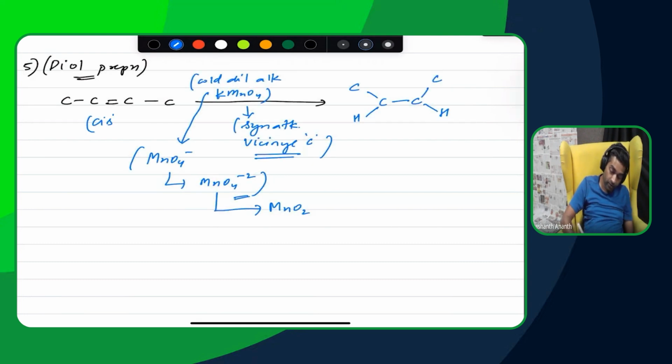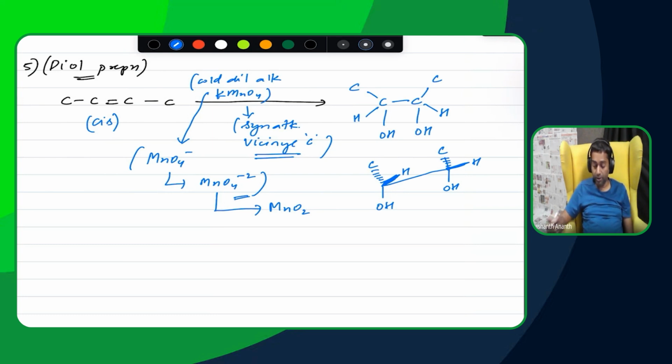So if this was a cis compound, I'll be having OH and OH both from the same side. If I have to draw the projection, it will look like this. This is going to be the compound obtained.